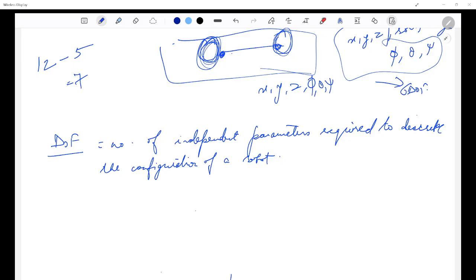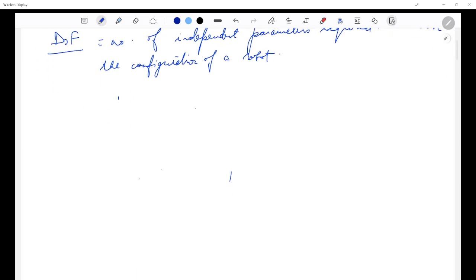If you've gone to the lecture, you might have seen a formula for degree of freedom, which is lambda times (n minus j minus 1) plus the sum of fi, where i is from 1 to j, right? So what did these terms mean?